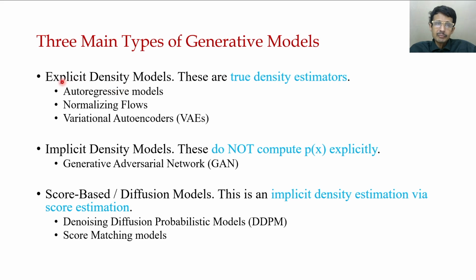These are very important generative models, and in our course we touch upon some of them: autoregressive models, which we will understand in detail; variational autoencoder, which we will go into in detail; generative adversarial network, which is an implicit density model and very important to understand; and some diffusion models.